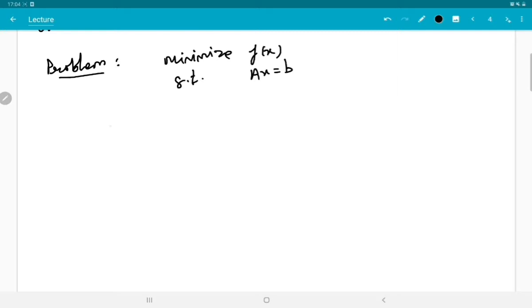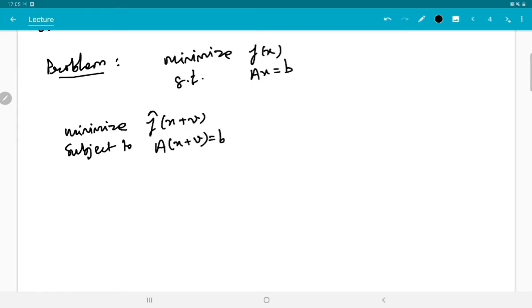So if the point is v, then the problem we are solving is to minimize f hat of x plus v subject to A(x plus v) equal to b, where f hat is the second order Taylor approximation of f(x) at x plus v.